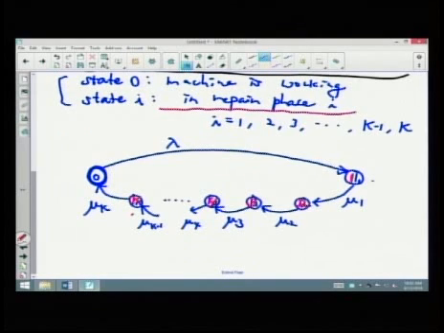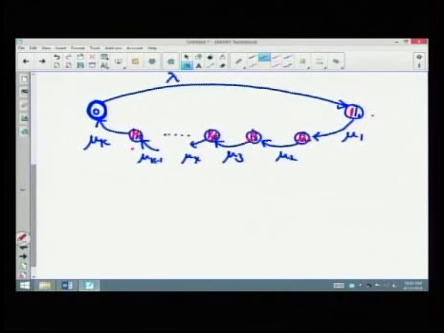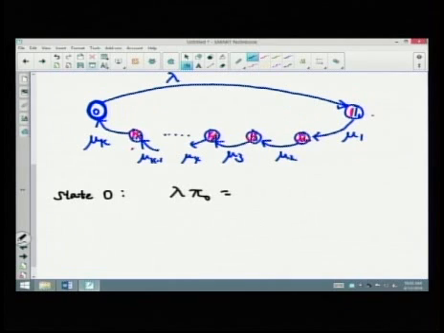So based on this, again, let's build up a balance equation. So for state 0, what do we have? It's going to be lambda pi 0 equals the transition rate into state 0, which is coming from state k, right?